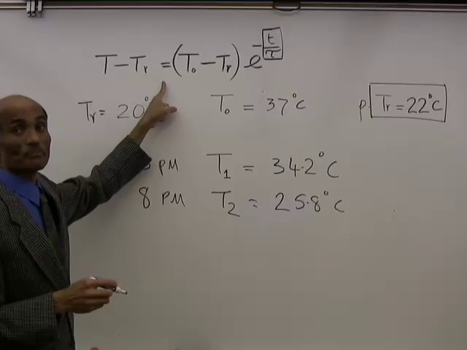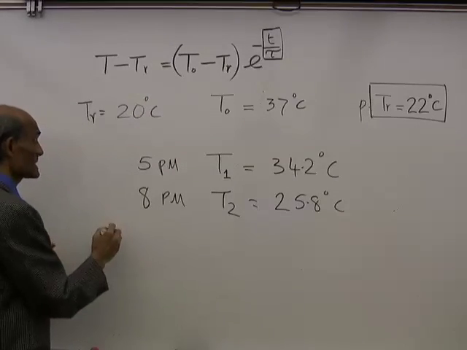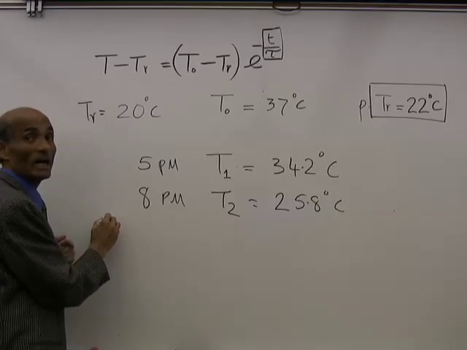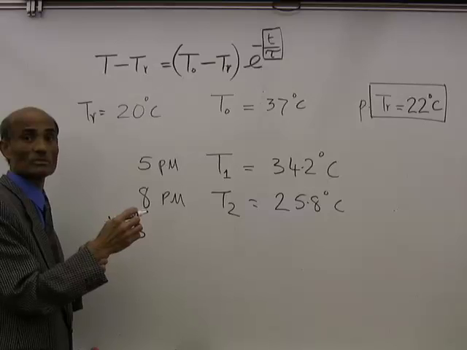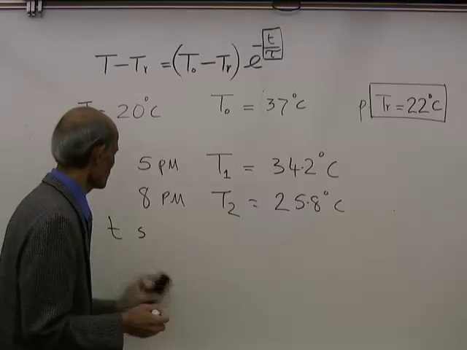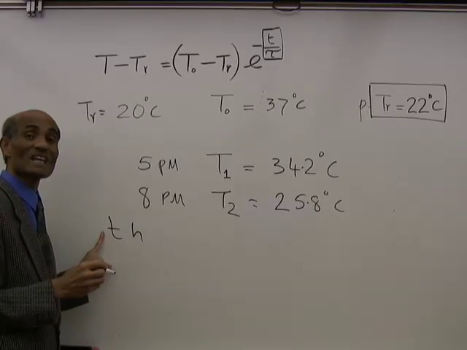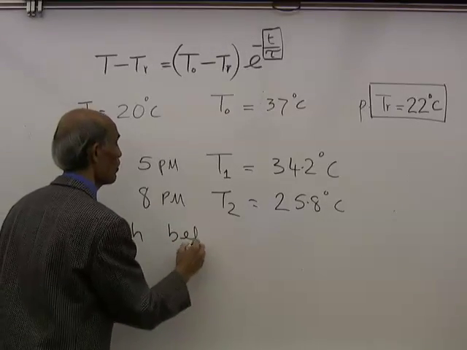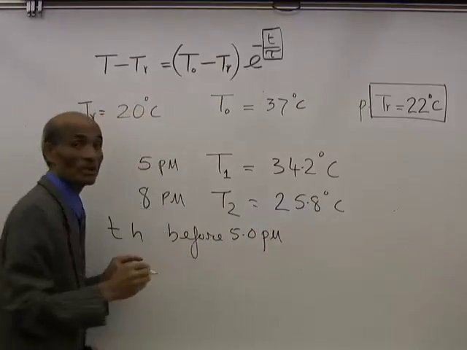Using that equation. Well, if you want to find the time of death, let's say the death occurred t hours before 5 p.m. That's right.